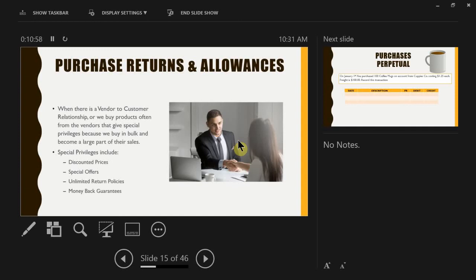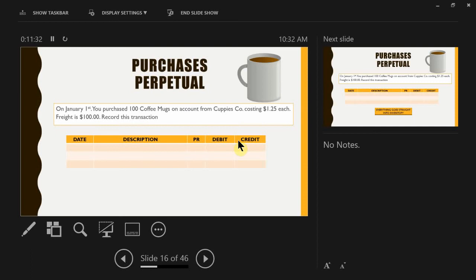That's pretty cool when it comes to a vendor to customer relationship, because at the end of the day, they want to keep their brand name as well. If it's their product that you're trying to sell, and you sell a defective product, the customer isn't going to want to purchase this product again. So that's also a reason why you want to ensure that the product you purchase is good.